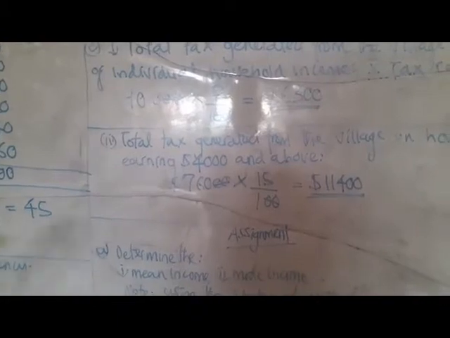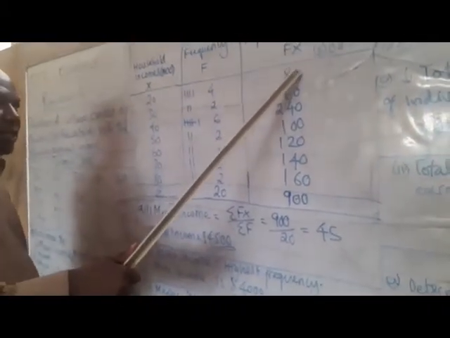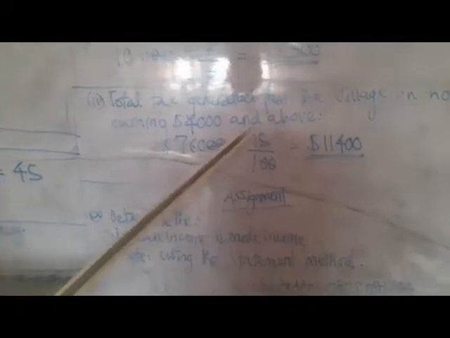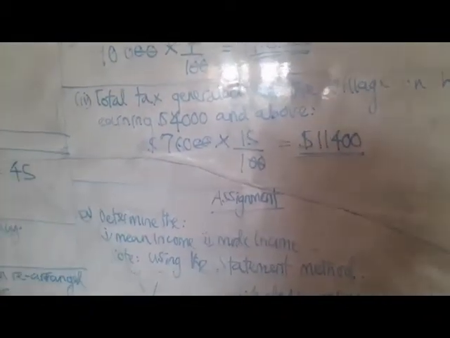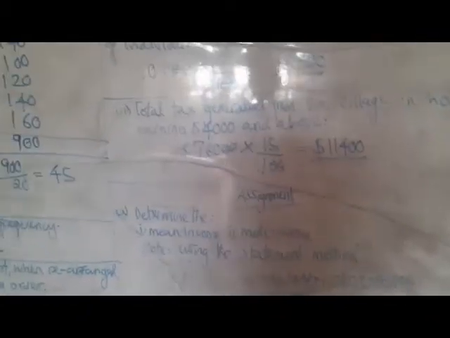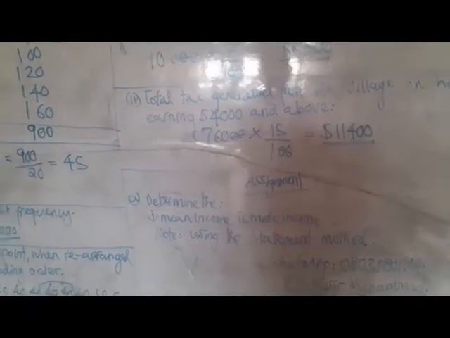Or in other words, you can also say 900 minus 80 minus 60 will still arrive at 76,000. So times 15 over 100. Two zeros cancel two zeros, you are left with 760 times 15, which gives you 11,400 as your total tax generated from the village on households earning 4,000 and above.